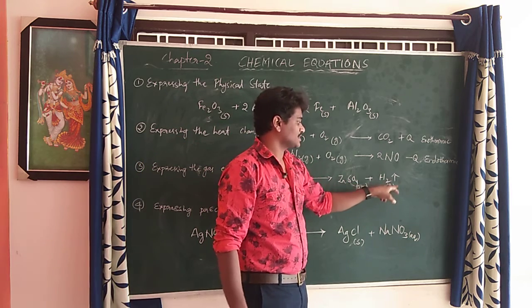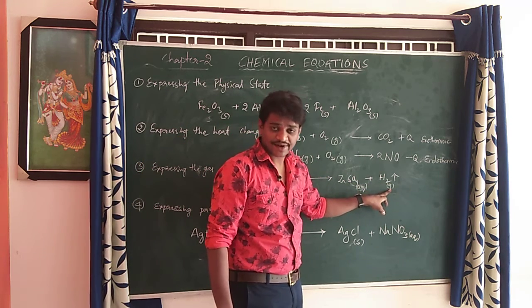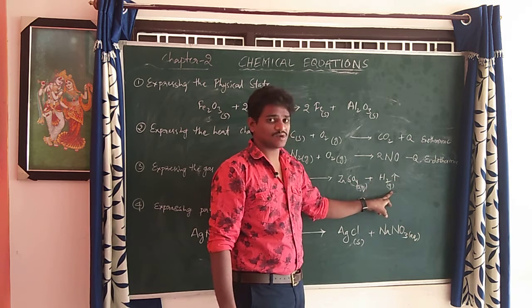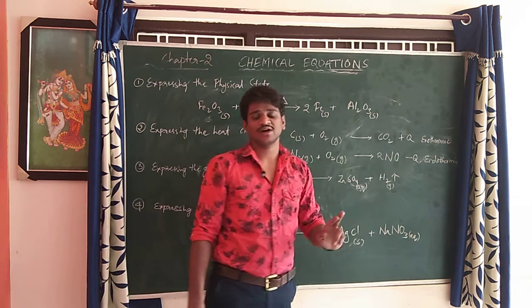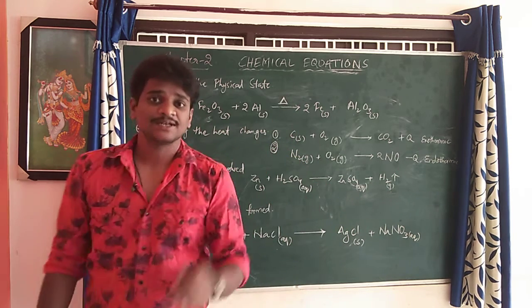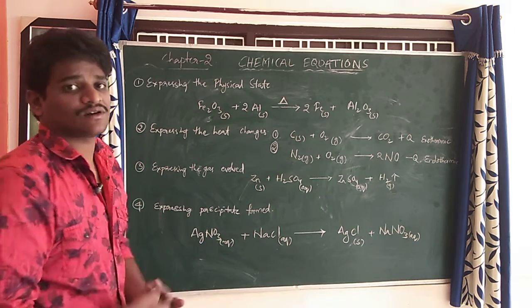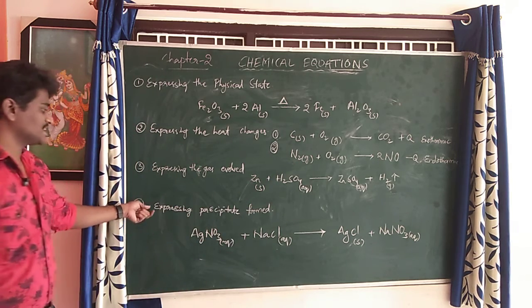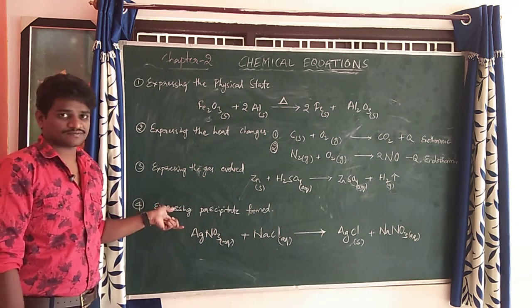You should write gas as small g, and this upward arrow will indicate the gas is evolving from the reaction.